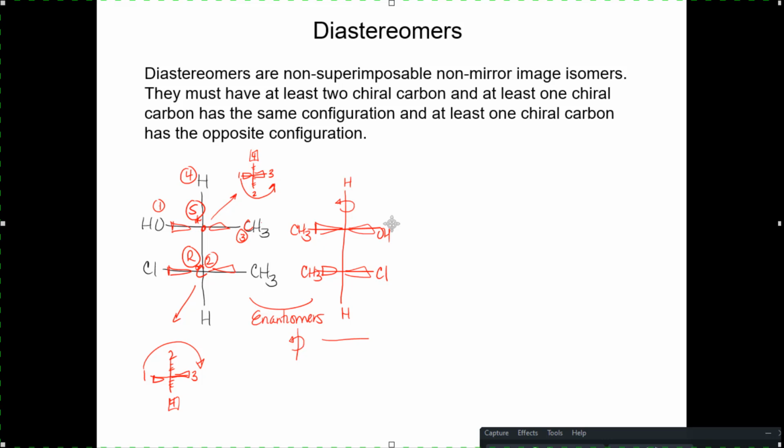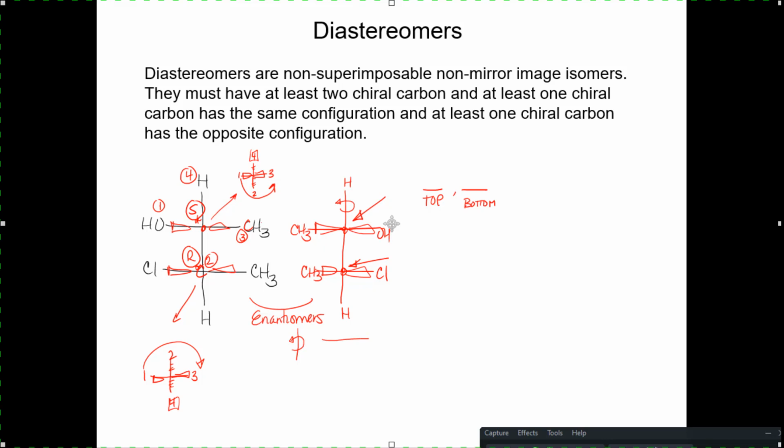What is the combination here of R and S for these two chiral centers? So the question is, what is the top and then the bottom chiral centers in this enantiomer?